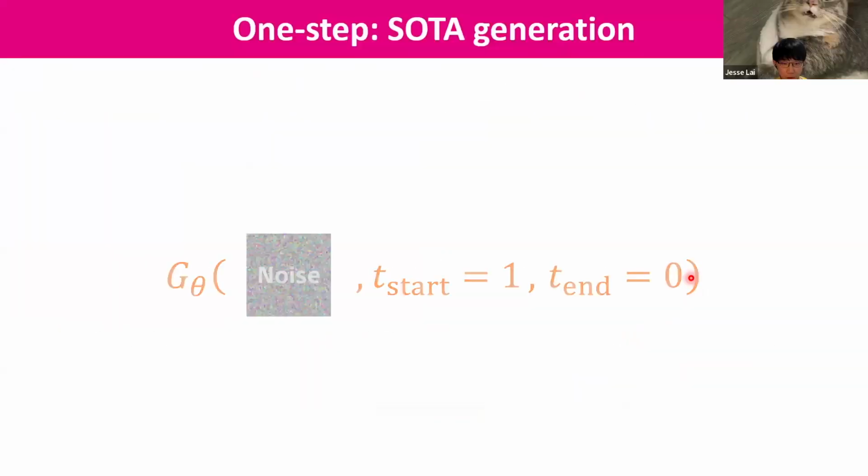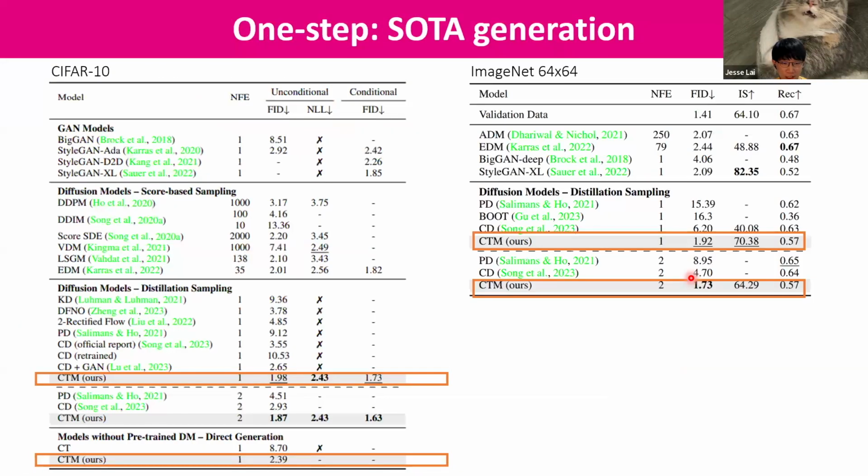Yeah, actually I skipped a lot of details in the training mechanism explanation, but what I just explained is pretty much what I want to say. Okay, so three things here. CTM can outperform the teacher, and it can also outperform the consistency model plus GAN.